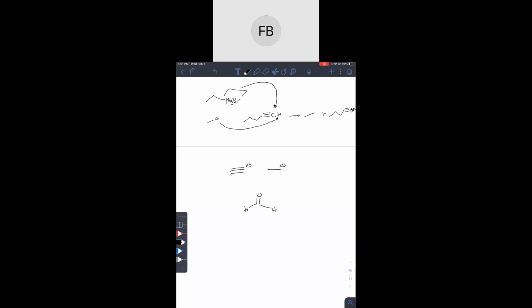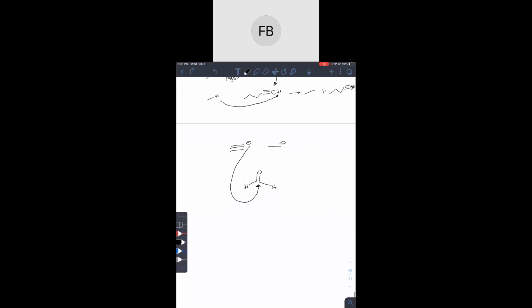So if this attacked here, then this would turn into an alcohol. We would have the triple bond here, and that would just be attached to the carbon that's attached to an alcohol. Do you guys see that? Because of octet, it needed to have a hydrogen here and a hydrogen here.